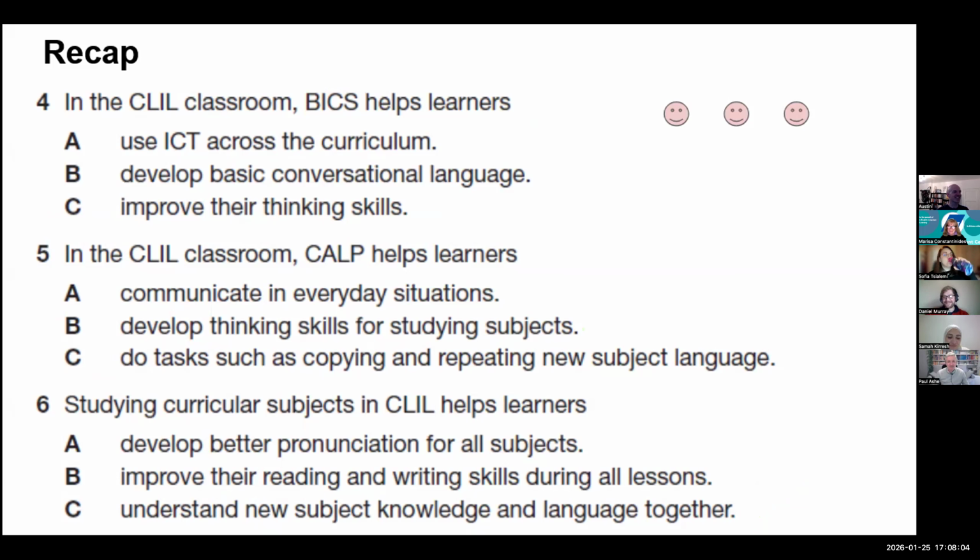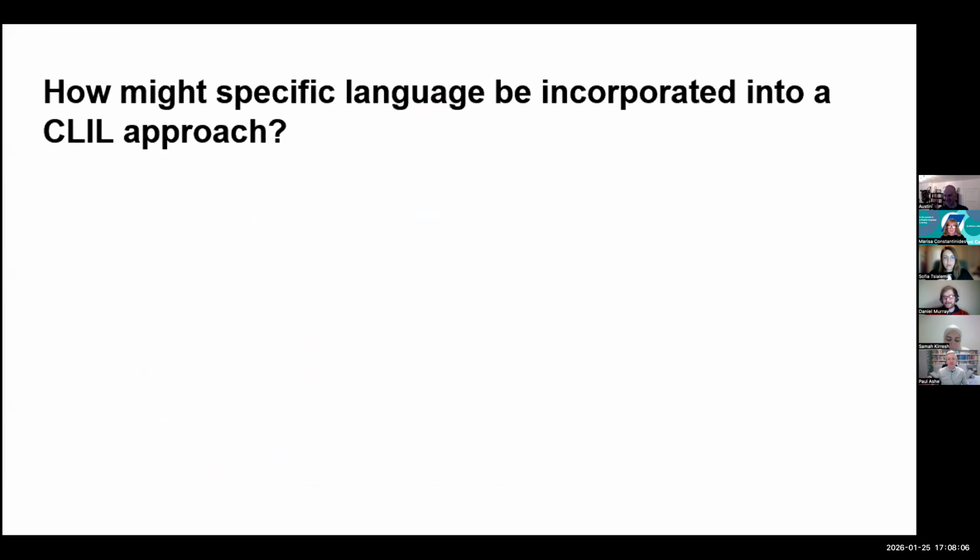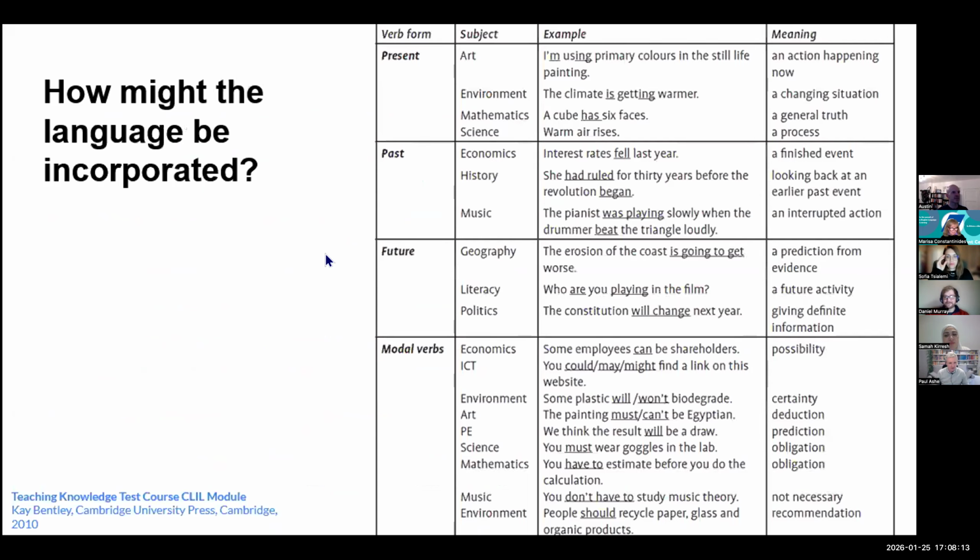So let's have a look at how we might specifically include language and incorporate that into a CLIL approach. Let's have a look at an example here, especially focusing on how we blend the language with the content. This is something you'll often see in general ELT course books.